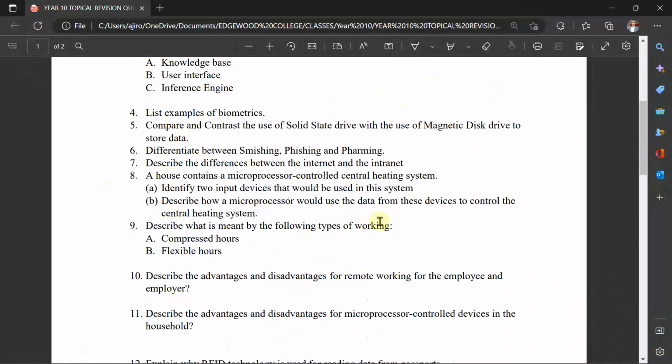What do I mean? There is a preset value that is given, whether lower or higher. The microprocessor will compare the data with the preset values embedded in that device. If the temperature is greater than or equal to that preset value, then a signal is sent to the actuator to turn off the heater.